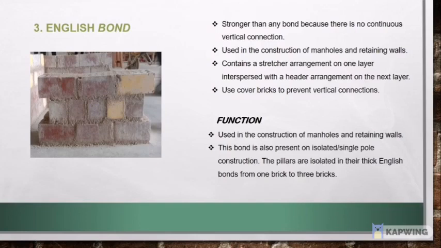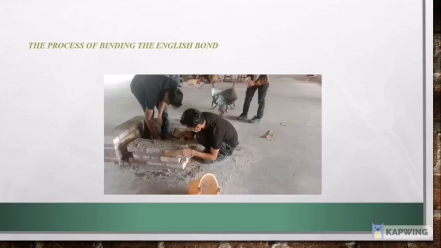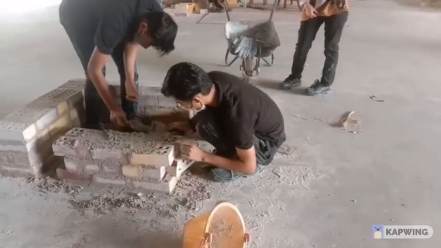It is used for the cover brick to prevent vertical connection. This bond is also present in isolated or single pole construction. The pillars are isolated in the thick English bond from 1 brick to 3 bricks. This is the process of binding the English bond video.